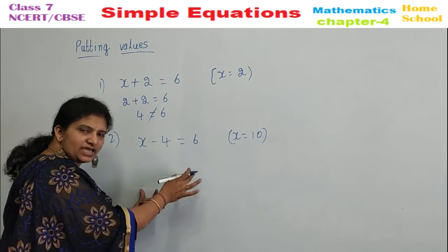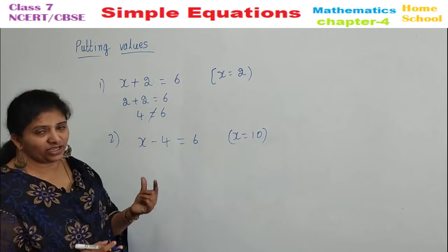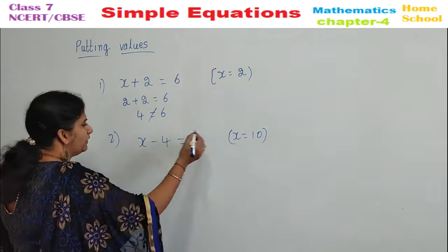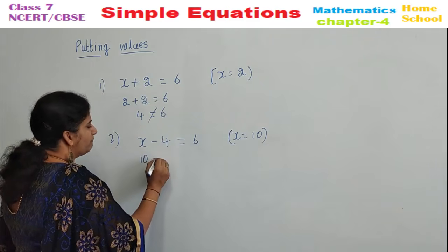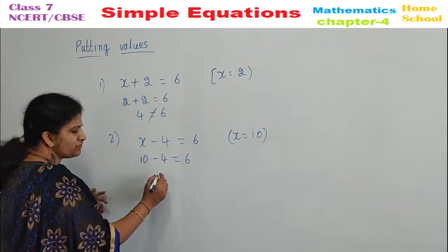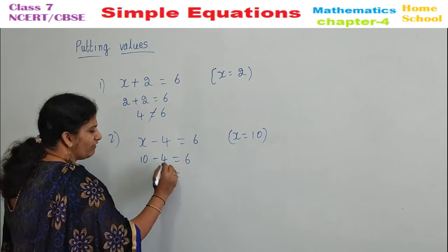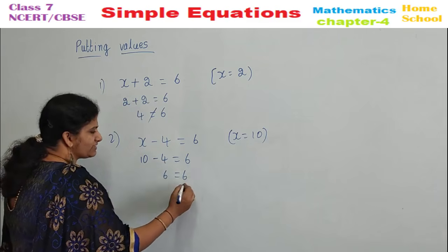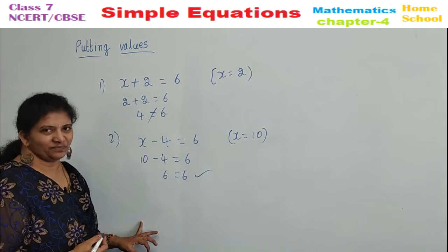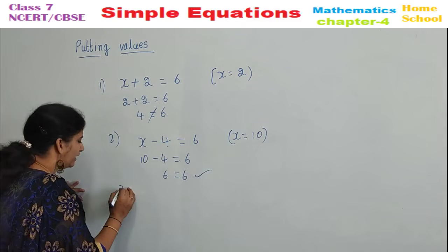If LHS is equal to RHS, then your answer is correct. Substitute x value here. Put x is equal to 10 minus 4 equal to 6. 10 minus 4 is how much? Take away 4 in 10. You are going to get 6. Yes, x is equal to 10 is satisfying here.